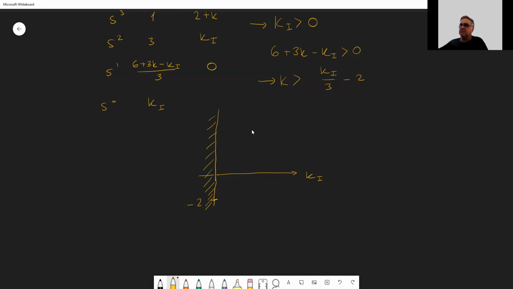And when K is 0, Ki should be 6. So there is a straight line that passes through here, and this also limits K equals Ki over 3 minus 2. This is the line. So this is the feasible region.